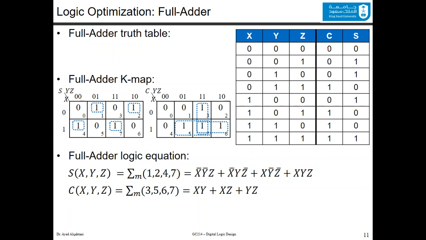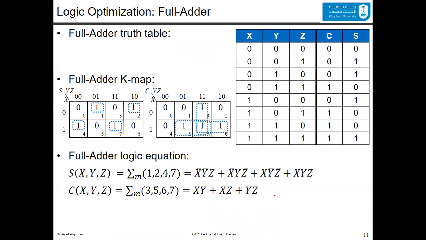For the carry, you will do the same way. You will put the zeros and ones in the Karnaugh map, and then you will optimize it by having those two together, those two together, and those two together, and you will get an interesting function, XY or XZ or YZ. It has another name.